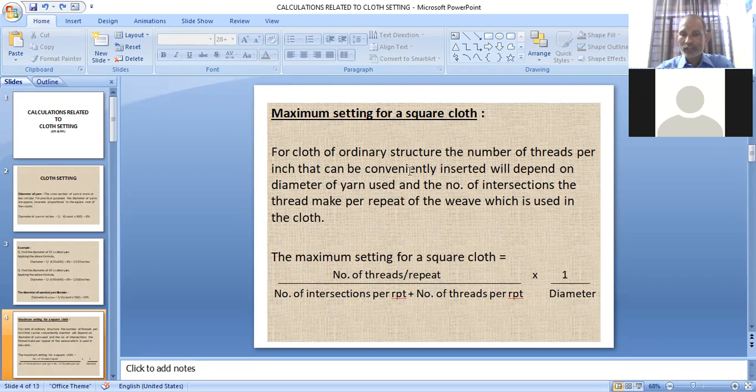For cloth of ordinary structure, the number of threads per inch, meaning ends per inch and picks per inch, that can be conveniently inserted in the fabric will depend on the diameter of yarn. It depends on yarn diameter because, according to the yarn diameter, the yarn covers space inside the fabric. Yarn diameter is an important parameter which is going to decide the maximum set.